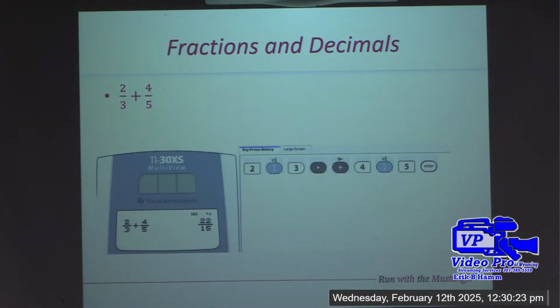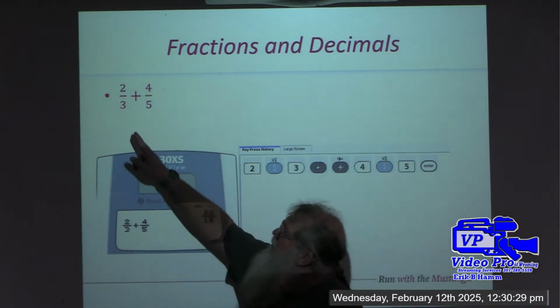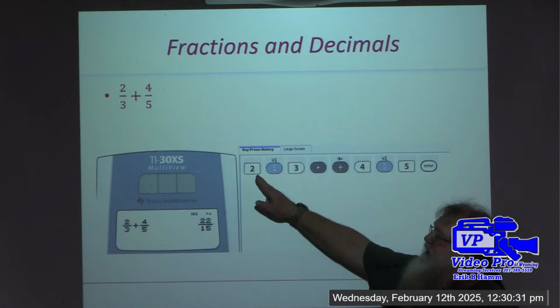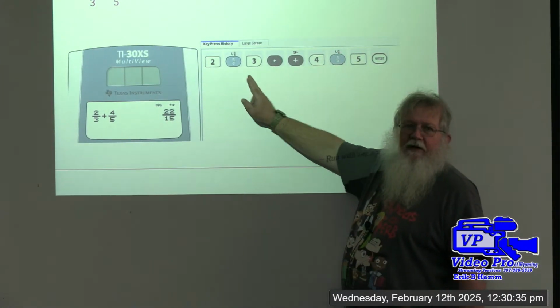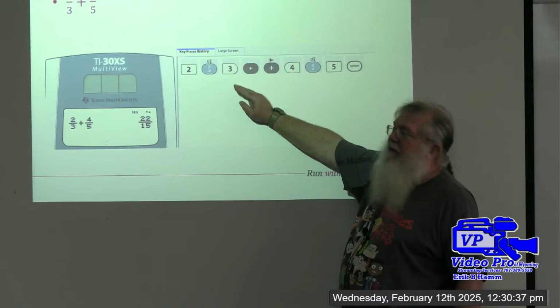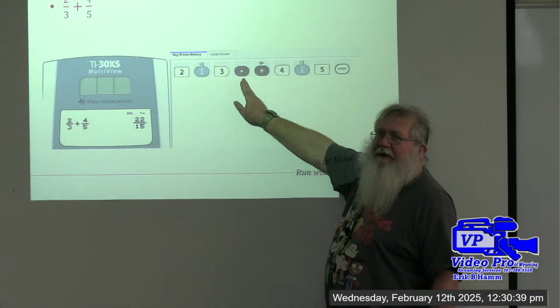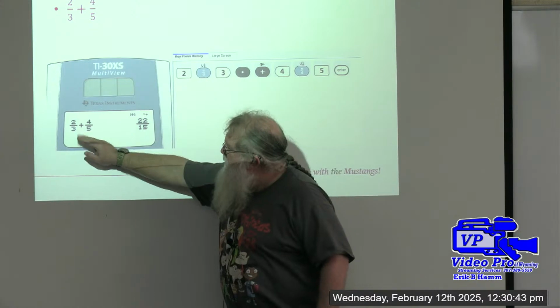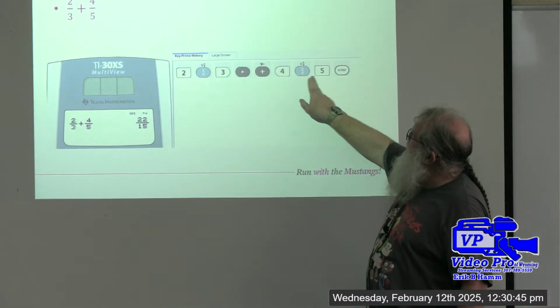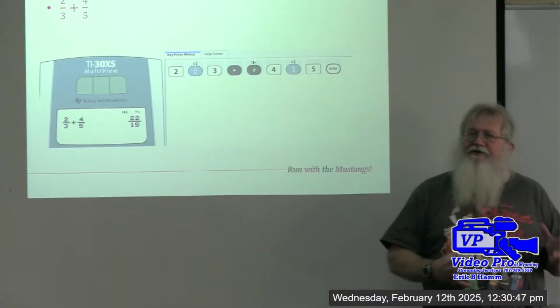How I enter my fractions: some students like to hit the fraction button first, but it's actually easier if you hit your numerator first and then your fraction button and then your denominator. Then you have to get out of the denominator with an arrow button and then plus the 4/5, and I did the same thing there. I'll give you a minute to try to add those two fractions on the calculator.